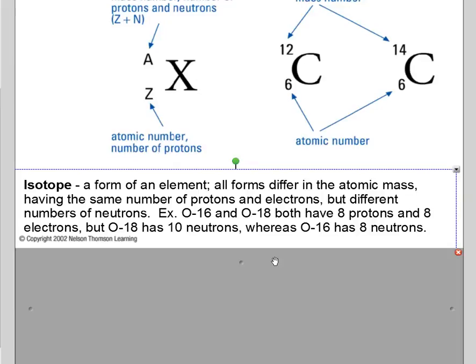The O-18 isotope would again have 8 protons and 8 electrons, but 10 neutrons, giving it the 18 heavy particle total. Calculating the number of neutrons, N, is a simple matter of knowing your mass number and subtracting your atomic number. If you have it in standard atomic notation, we can just subtract the lower number from the higher.